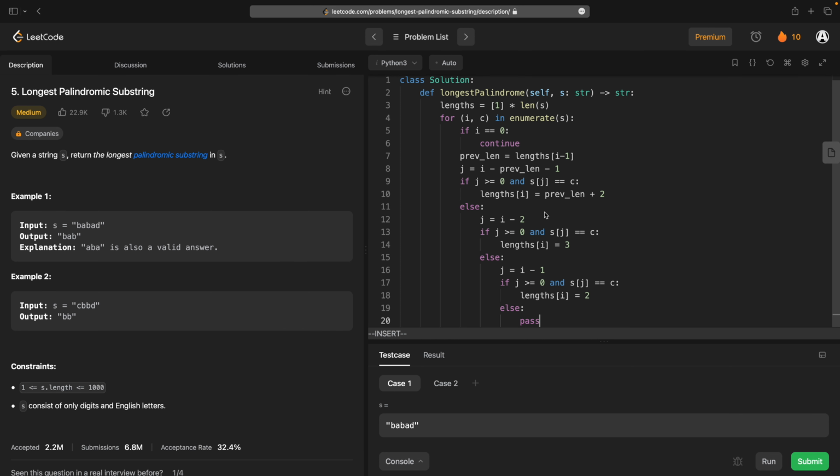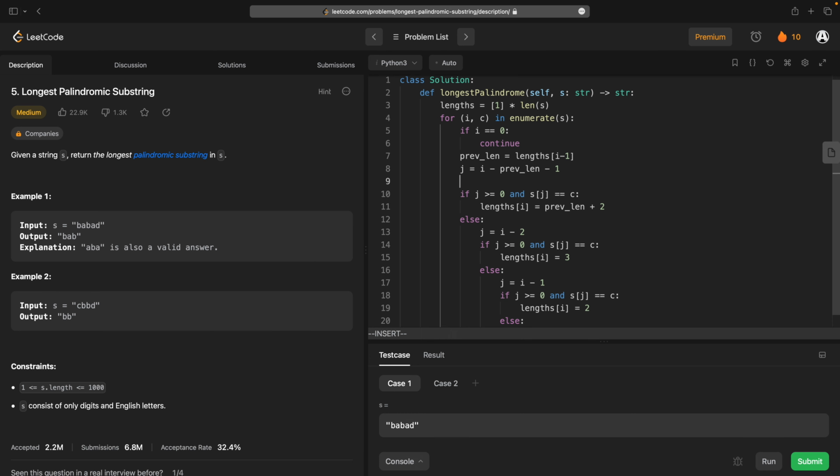Right, so all of these are basically the same. So what we actually want here is js is equal to i minus prevlen minus 1, i minus 2, and i minus 1. Those are the options on how we can build a palindrome.